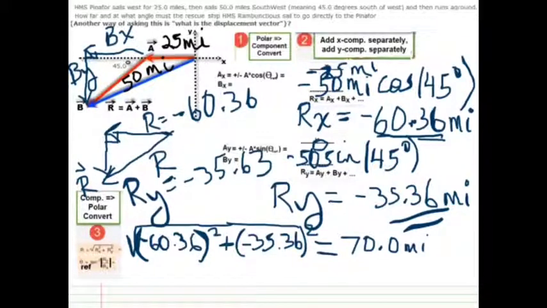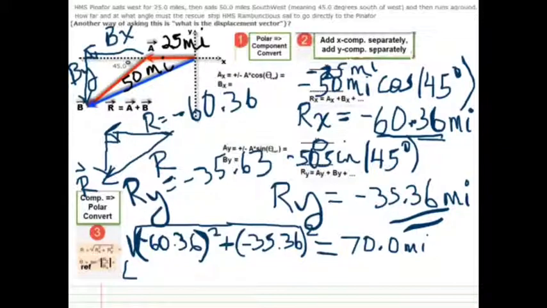The angle is an inverse tangent, so that is the angle whose tangent is, of course, the reference angle is an acute angle. So we take the absolute value of the y component of the resultant over the x component of the resultant so as to get a first quadrant angle, and then we'll place it in the third quadrant.